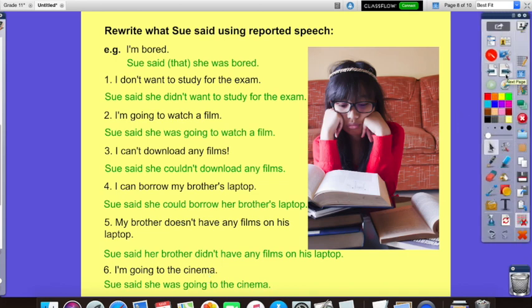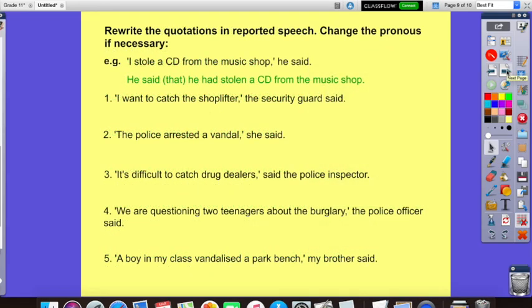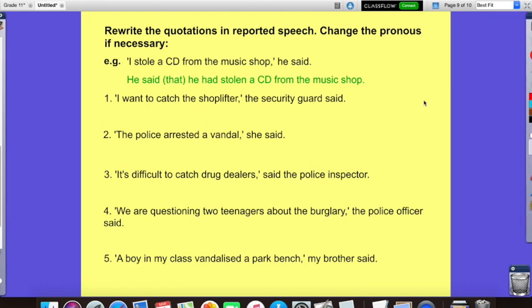Let's move on to the next exercise. Rewrite the quotations in reported speech, changing the pronouns where necessary. Again, you have 20 seconds for each sentence. First sentence, I want to catch the shoplifter, the security guard said.